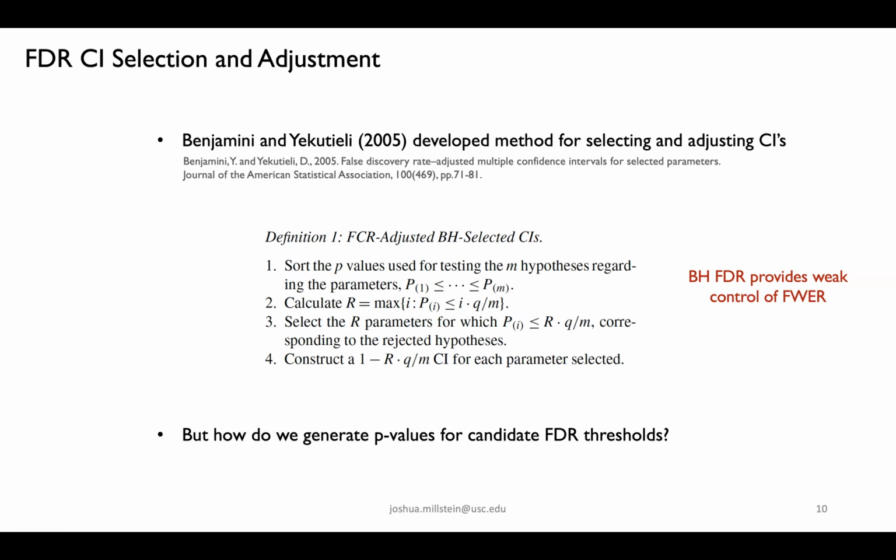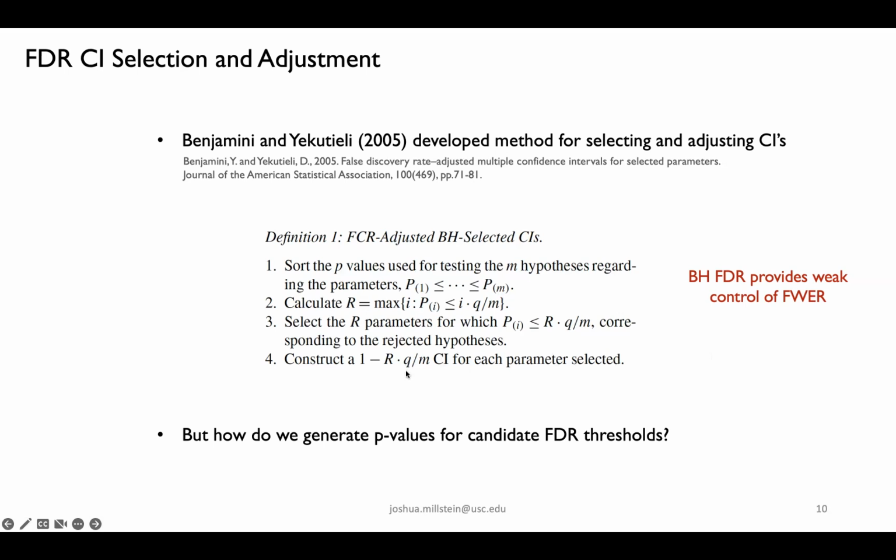So now we have a set of selected intervals that are selected according to those p-values and BH FDR. That gives us this quantity R here. The Q here plays the role of alpha. So we have this R, and you can see how this is essentially the same as a BH FDR approach. But then we can develop a confidence interval and adjust it by this value.